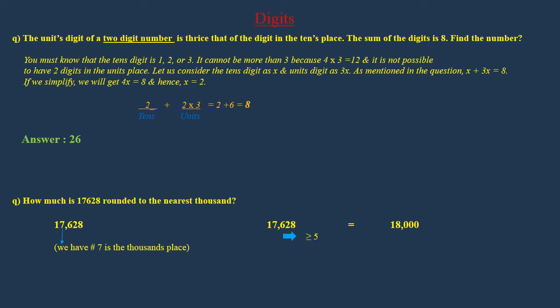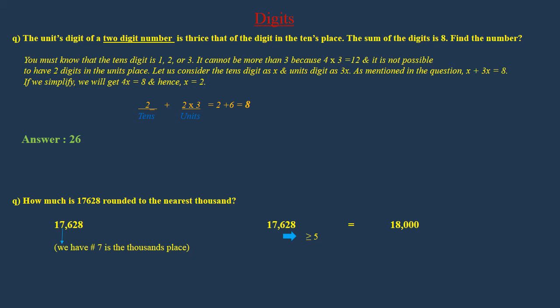The next question says, how much is 17,628 rounded to the nearest thousand? To round the number off, we just need to know the digit to the right of its thousands place. If it is greater than or equal to 5, we will round up the digit in question and make the other digits to its right 0.